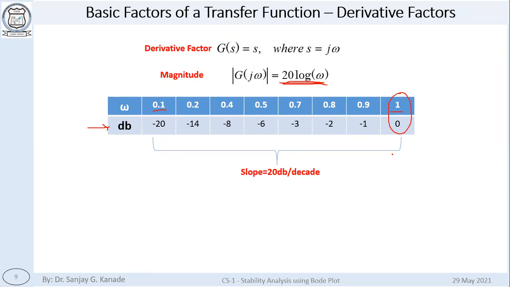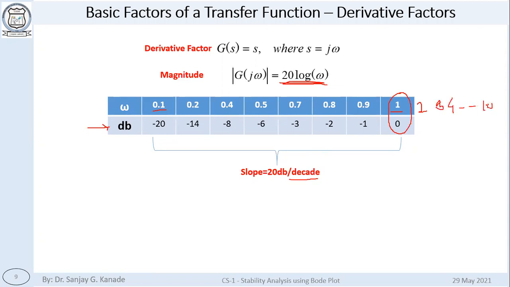Okay. So what is this? This is basically a straight line of slope 20 dB per decade. Remember, that's why I explained what a decade is. The slope of this straight line is 20 decibels per decade. Now you can extend these calculations for further values also, like 2, 3, 4, up to 10.